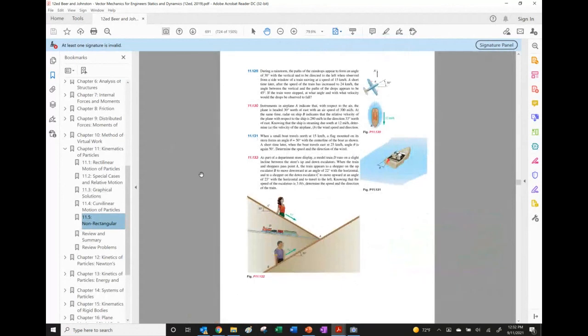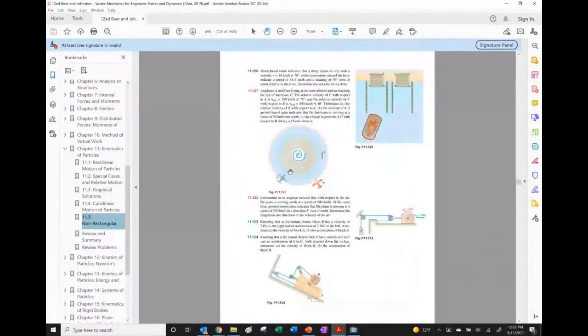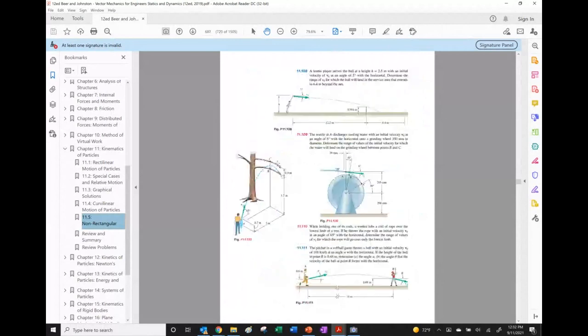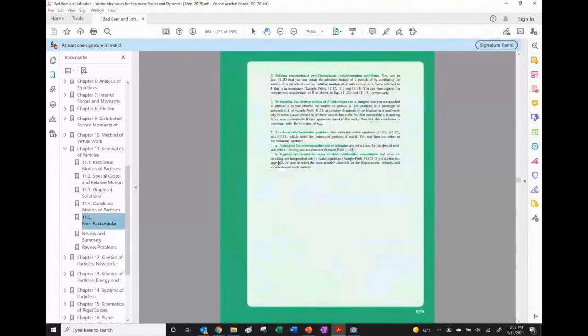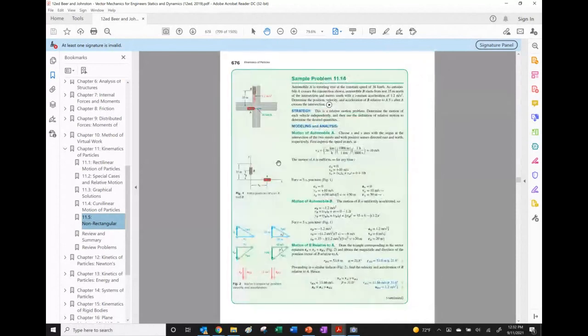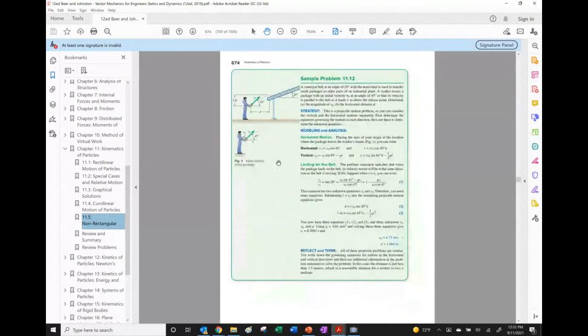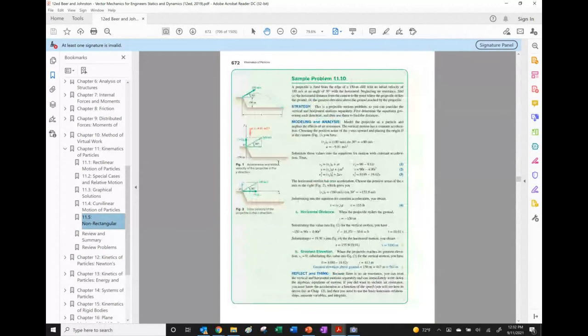It's a good idea, because when I taught statics in the previous two semesters, I started using the problems out of the book because I hadn't taught the class before.